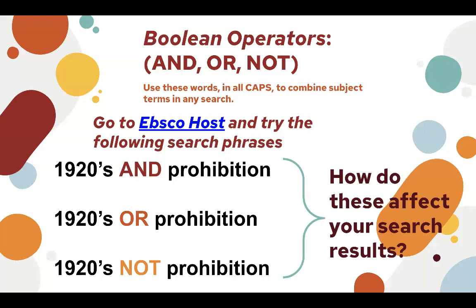Whereas for 1920s or prohibition, you're telling the database to give me results that are talking about the 1920s or prohibition. So you're getting anything the database has that talks about the 1920s, in addition to anything it has talking about prohibition. So you're getting a lot of results with that one.